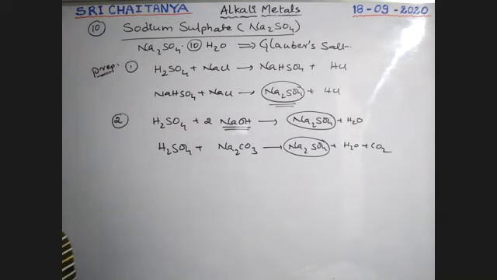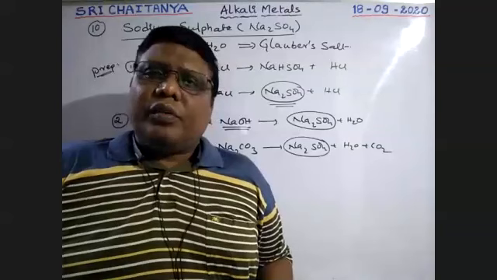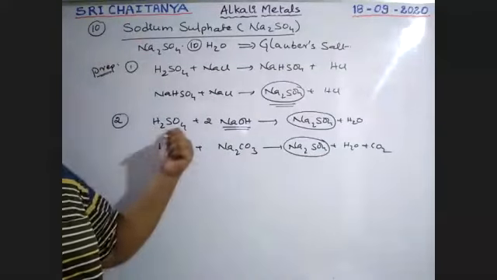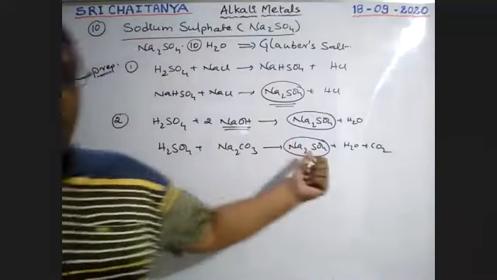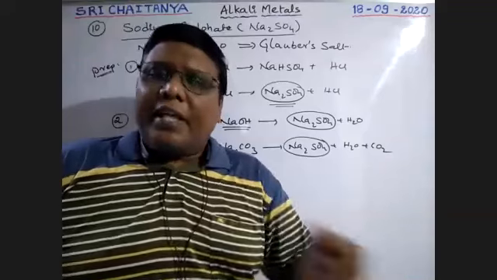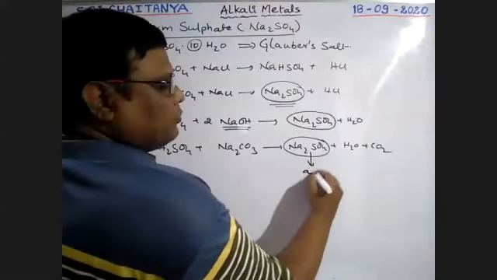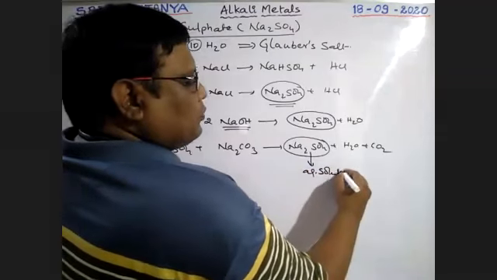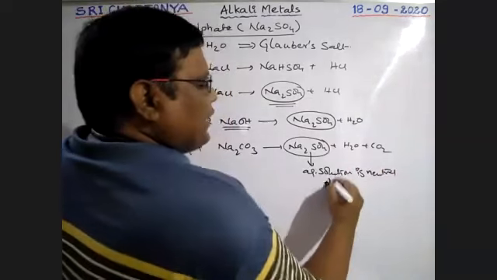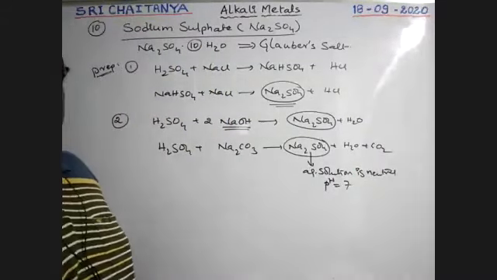Okay. Now, what are the uses of this sodium sulfate? Boys, it is the salt of a strong acid and a strong base. The aqueous solution of a salt of strong acid and strong base is always neutral and pH is equal to 7. So its aqueous solution is neutral.